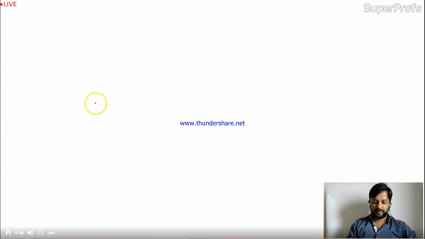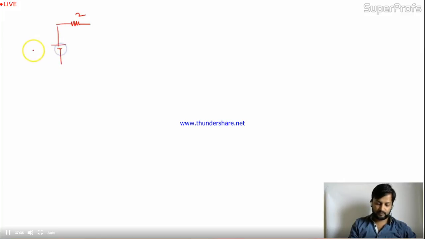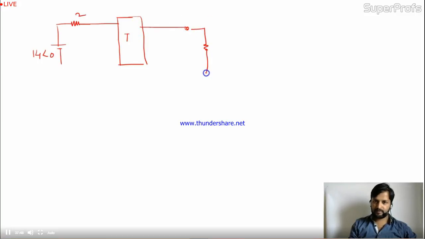So the given circuit is, let me draw it again here: 2, 14 at an angle 0. The network is given as a T, and here 10 ohm.